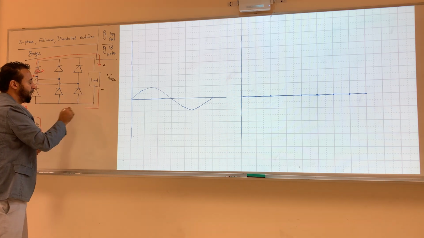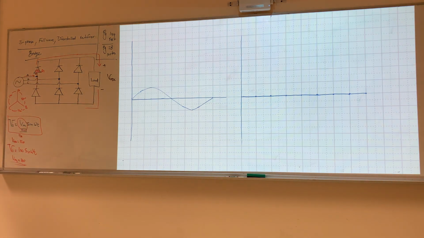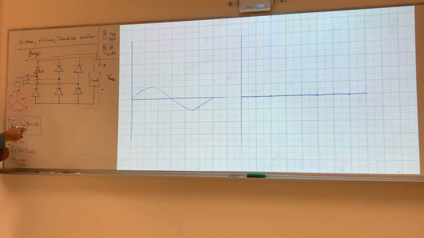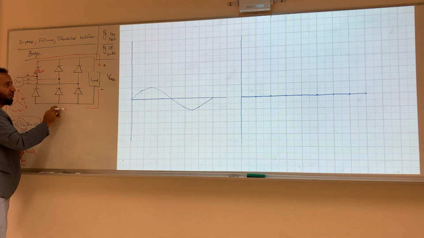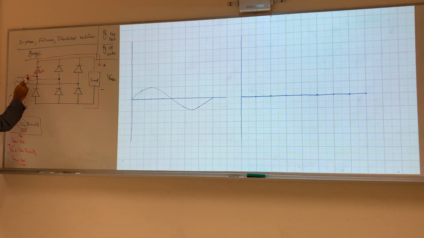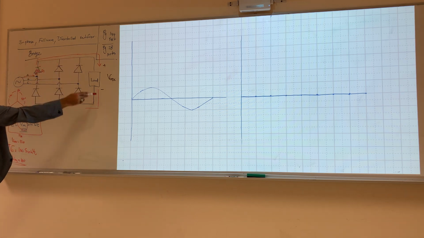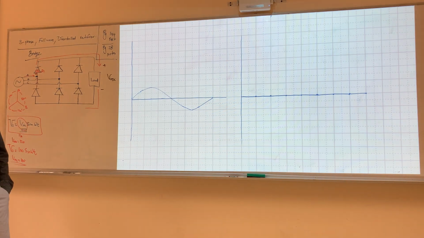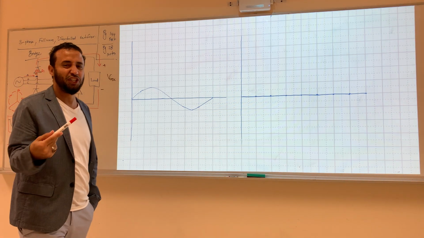As we said, this line will be fully charged, so this one here will be open circuit, so no current will go through. The current will go through either this or this. So which one will it go through? It goes from A, and then what? It cannot go to B, guys, because B will start after this, so they go by sequence.